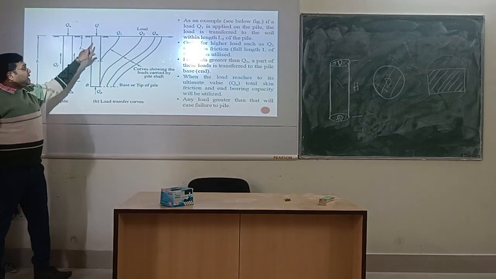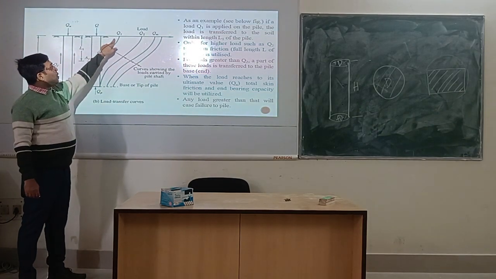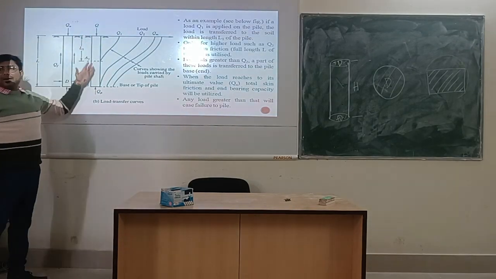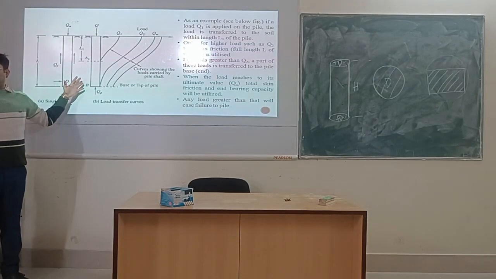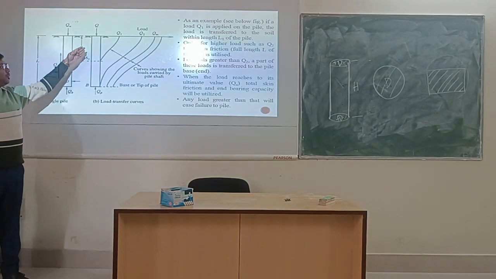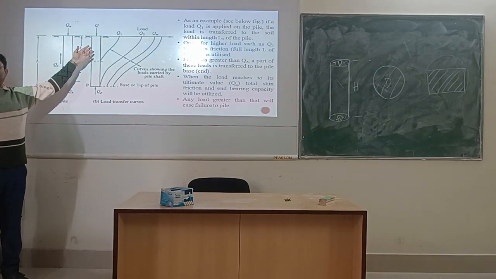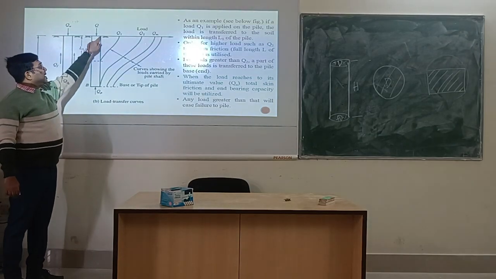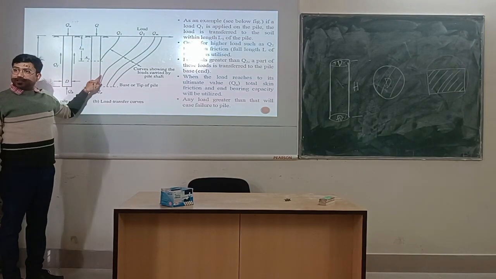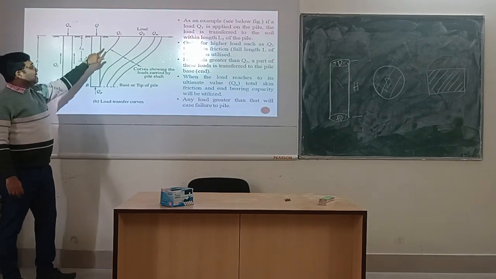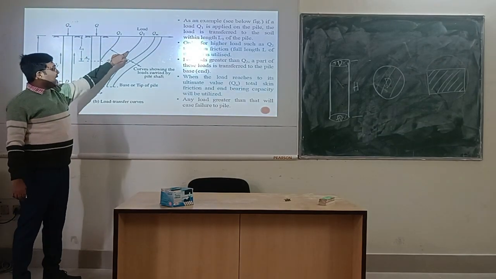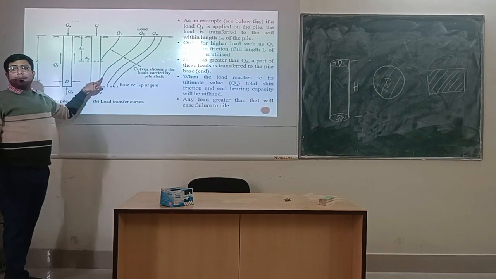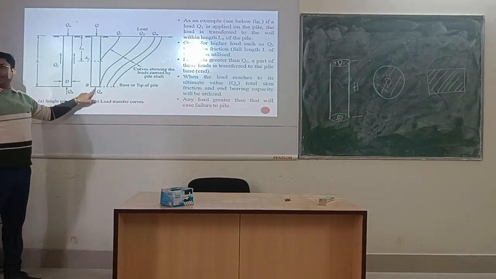Maybe the ultimate load bearing capacity is 100 kilonewton for this pile. If we start from 10 or 5 kilonewton load at the top of the pile, then that load will be solely carried by the friction capacity of the pile. And these lines are for the conceptualization of how this load is carried by the friction capacity and end bearing capacity.